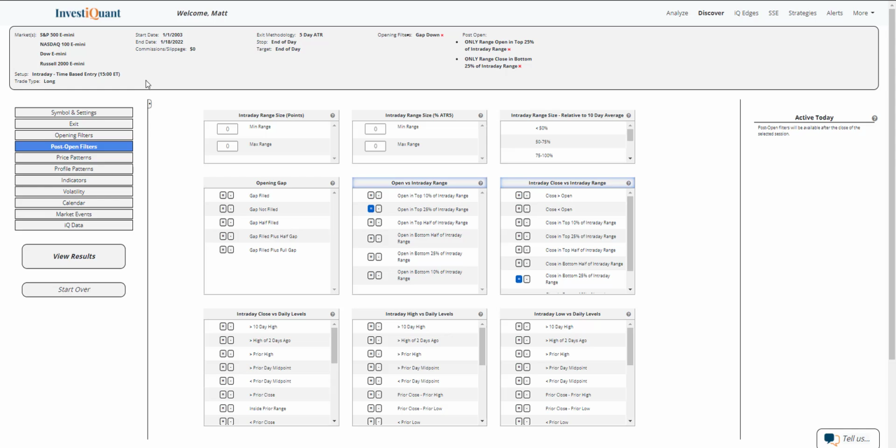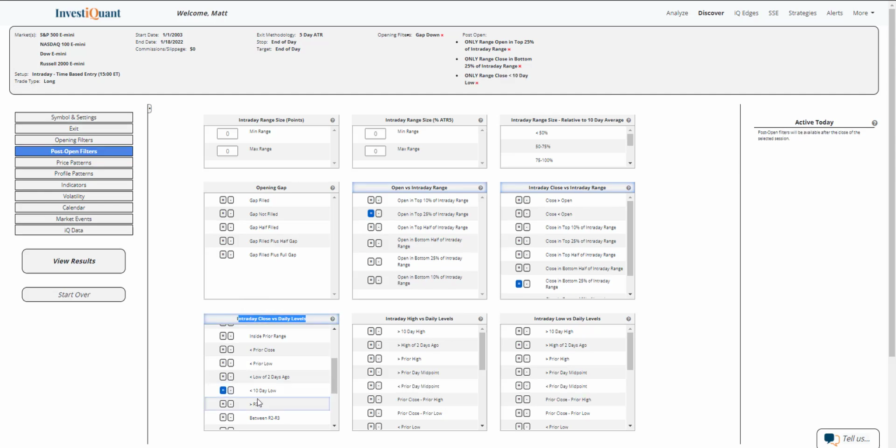Now, I'm also going to add one other thing here that's going to be referencing that 3 o'clock price. I'm going to say that the 3 o'clock price is below the lowest low of the past 10 sessions. So if I scroll down a little bit till I see below 10-day low, I'm going to hit equals next to that to add it.